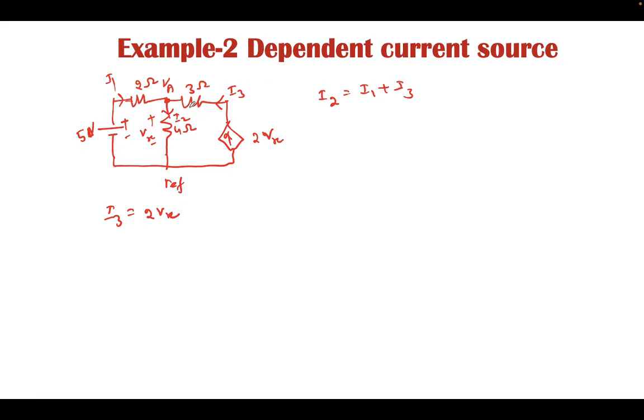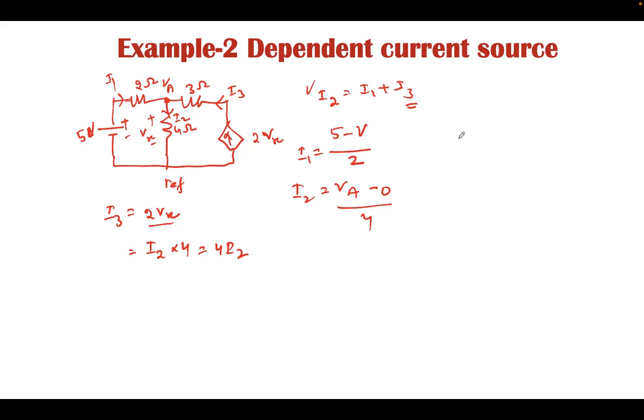Now we can find I1, which will be equal to (5 minus Va) upon 2, and I2 is equal to (Va minus 0) upon 4. I3 is already known to us, which is equal to 2Vx. Now 2Vx is nothing but I2 into 4, that is 4I2, and hence putting all these values in this equation.